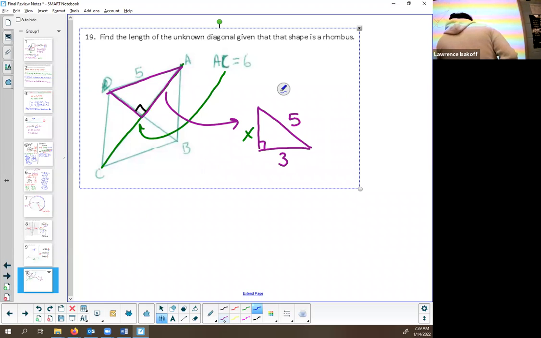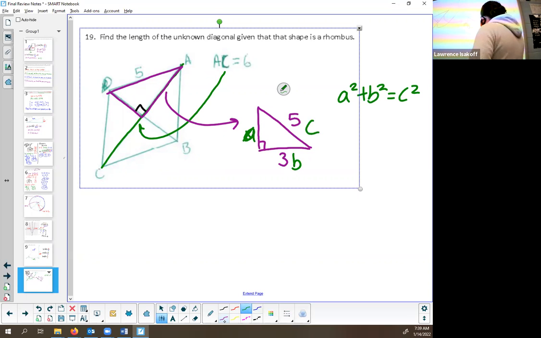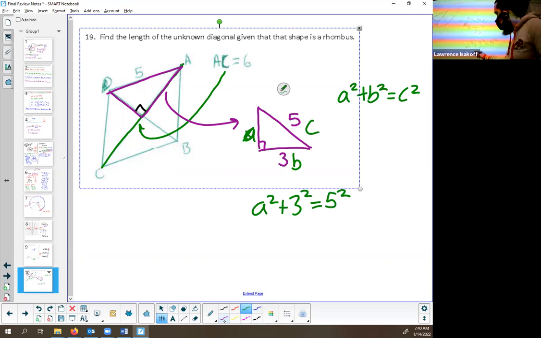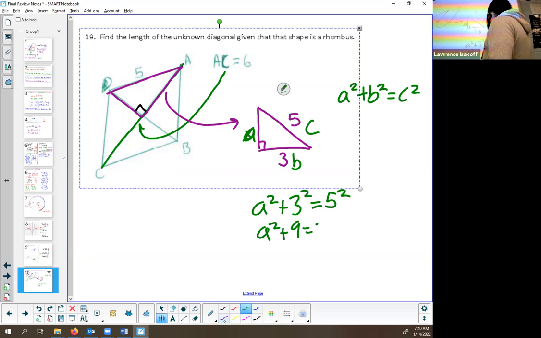So remember, Pythagorean theorem says a squared plus b squared equals c squared. So actually, instead of calling this x, I'll change that up to an a, b, and c. So a squared plus 3 squared is equal to 5 squared. Okay? A squared plus 9 equals 25.